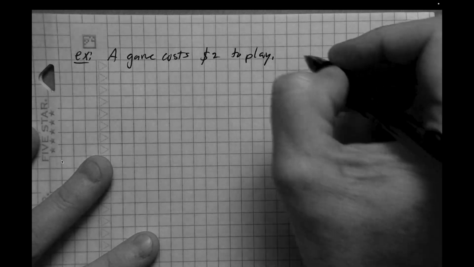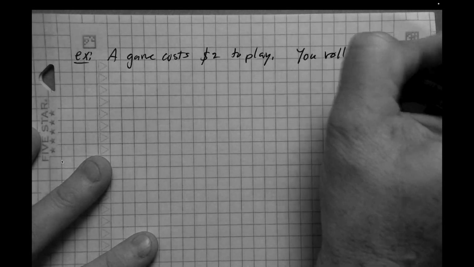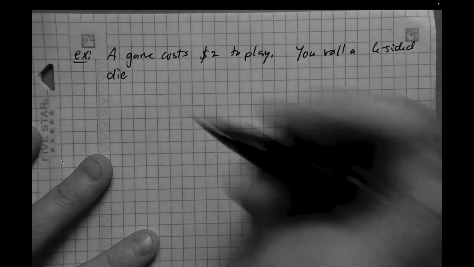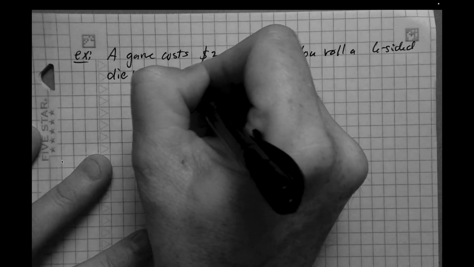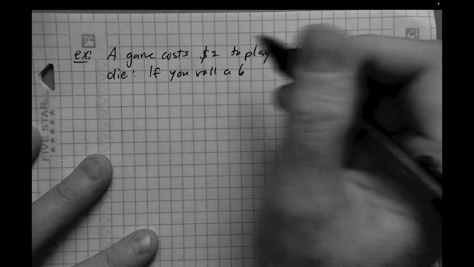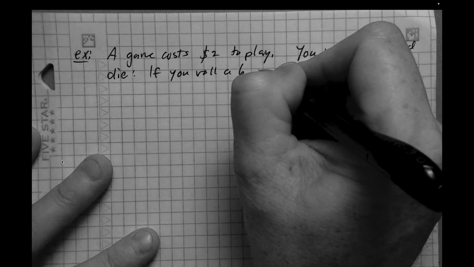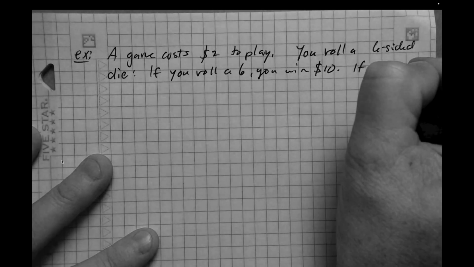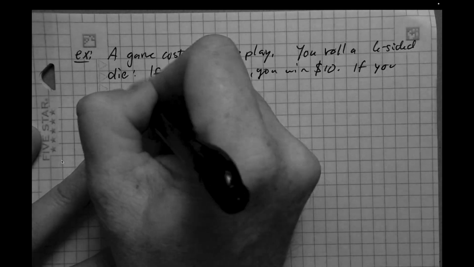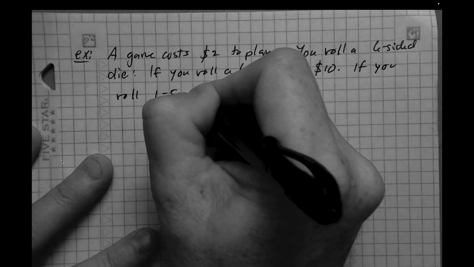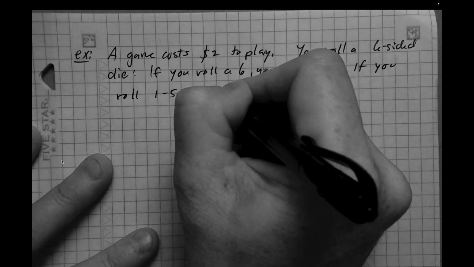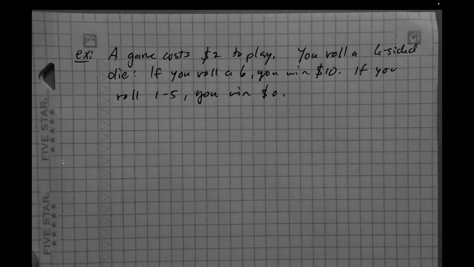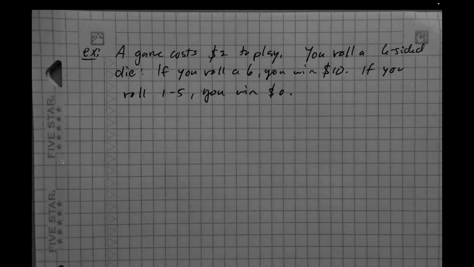Well, you roll a 6-sided die, and if you roll a 6, you win $10. If you roll 1 through 5, you win $0.